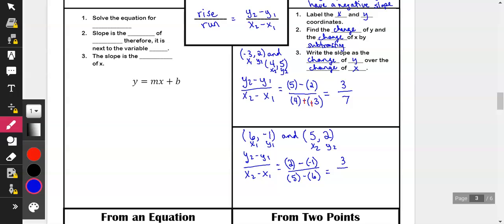And 5 minus 6 is negative 1. 3 over negative 1 simplifies to give us negative 3. So I'd have a rise of negative 3 over 1. So I'd go down 3 and over 1 to get to the next point on my line. All right.